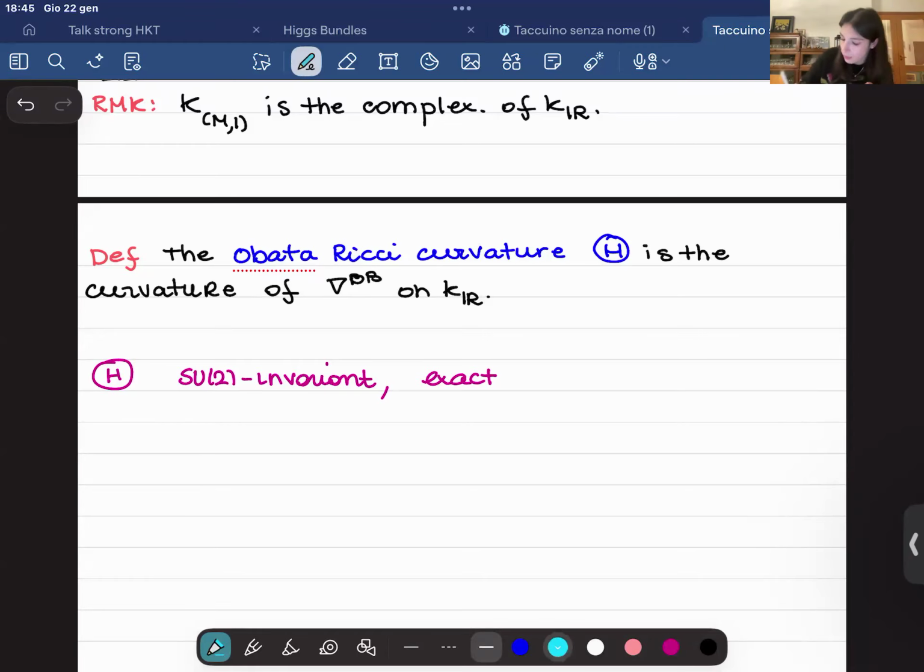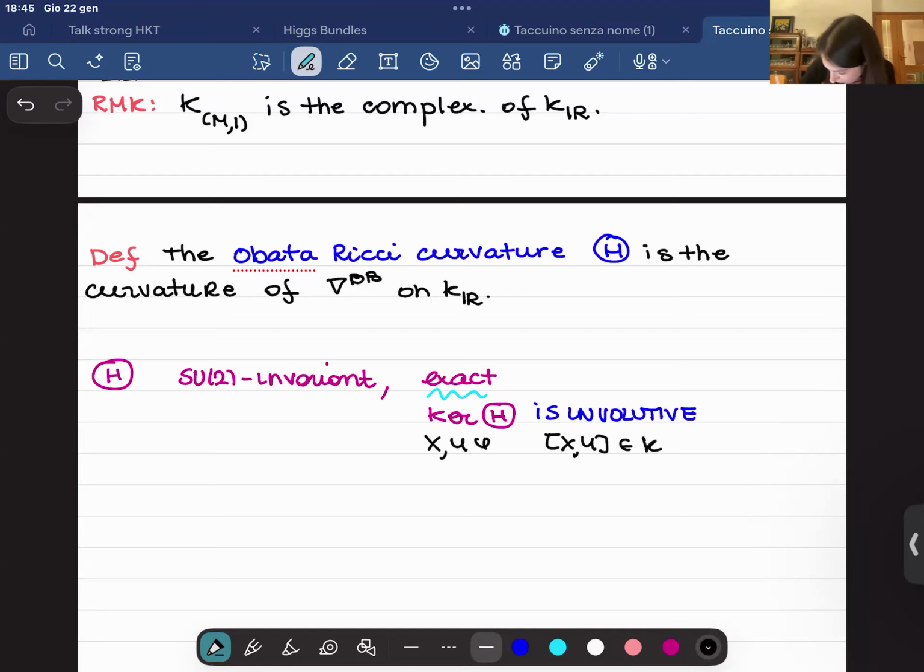And this is kind of important because, since this is a two-form which is exact, the kernel of theta is involutive. So if I take X and Y belonging to this kernel, then also the bracket belongs to the kernel.